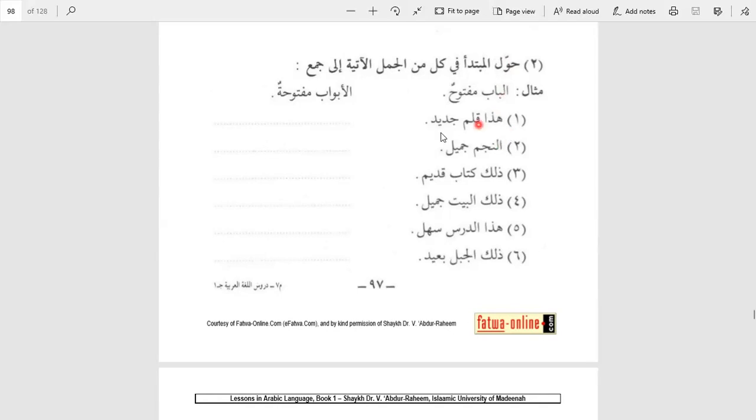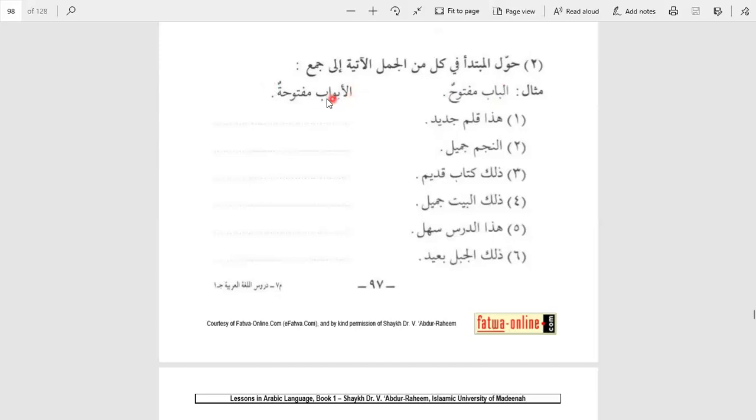هذا قلم جديد. Let's look at the example given here. الباب مفتوح. Look at this. This is masculine because babun is masculine and maftuhun is masculine. But let's look at when they are jamu. Al-abwabu maftuha. This is the mubtada now.